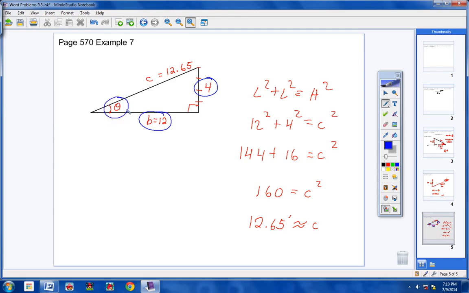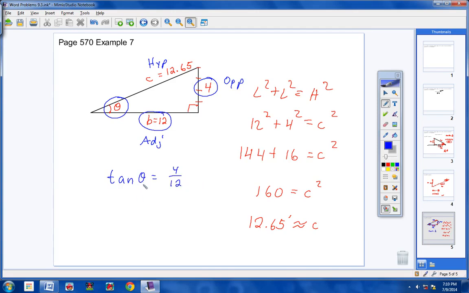So if this is the angle I'm dealing with, go straight across. This is your opposite side. This is your hypotenuse. And this is your adjacent. So the two sides I'm dealing with are opposite and adjacent. So I'm going to write a trig equation. Tangent of theta equals opposite over adjacent.